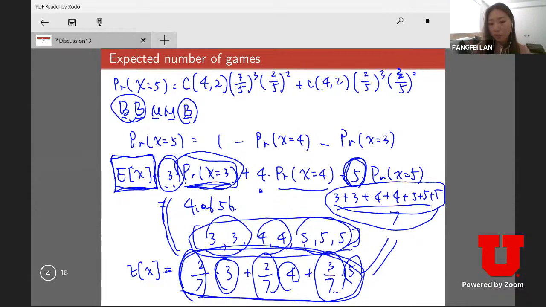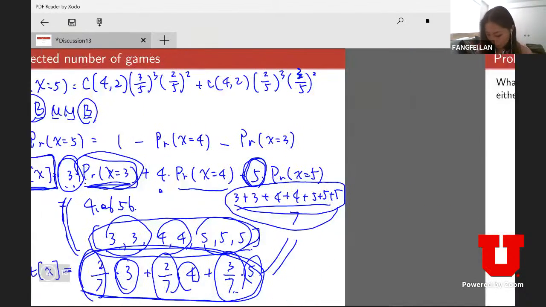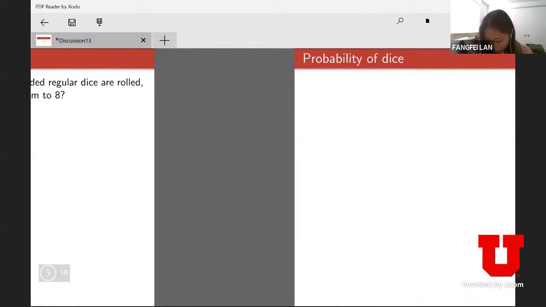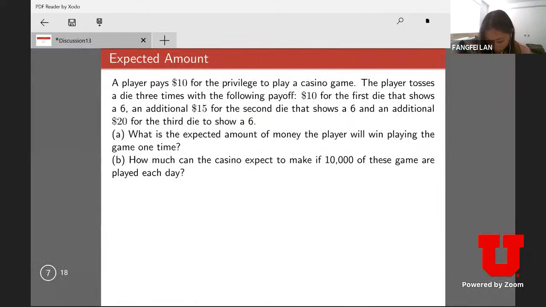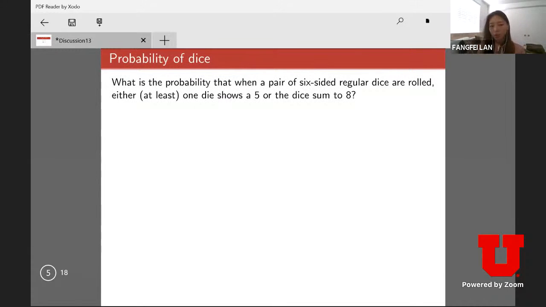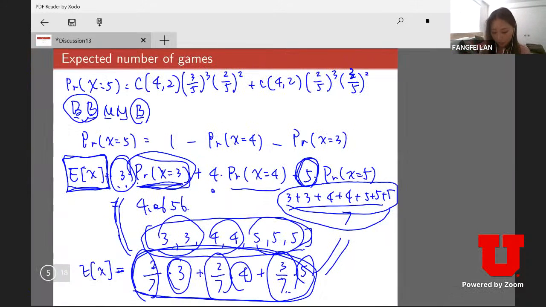You can do that too, but I think this is a much easier way to think about the problem. We're going to see a few more, and then I think we'll understand a little bit better.